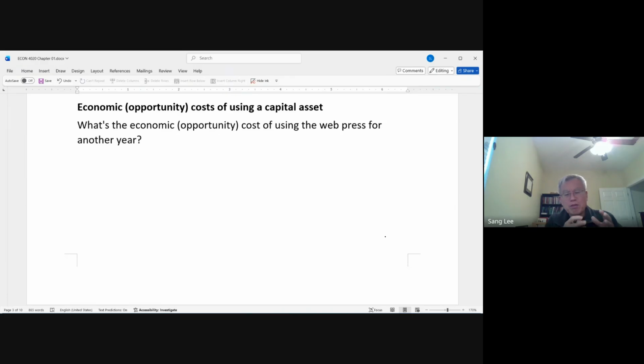It was the profit or benefit you're going to lose by not pursuing your next best alternative. So if you use this web press machine for one more year, what other options do you forgo? First option was renting it out. Second option was selling it and then investing that money. So we're going to evaluate the dollar value of each option.